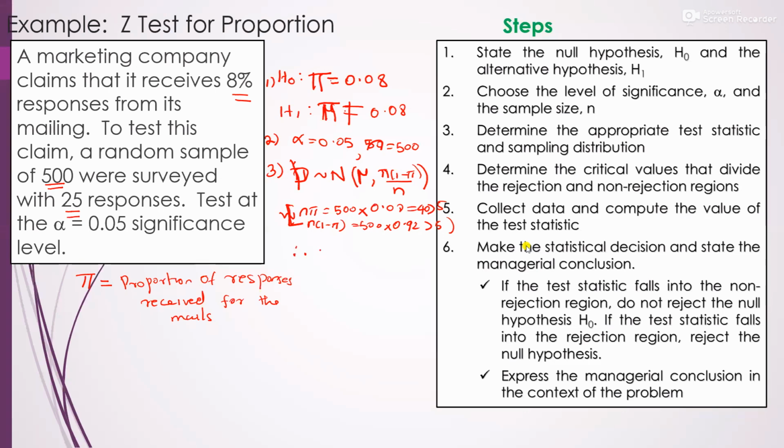Therefore, your test statistic is Z equal to P minus pi over square root of pi into 1 minus pi over n. Right? This is the test statistic. Then you have to complete steps 4, 5, 6.